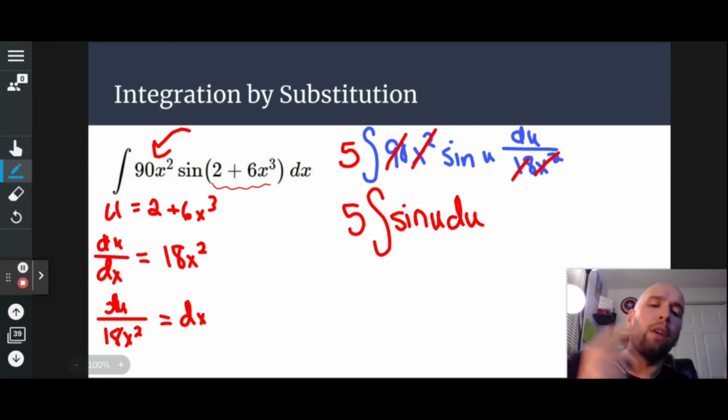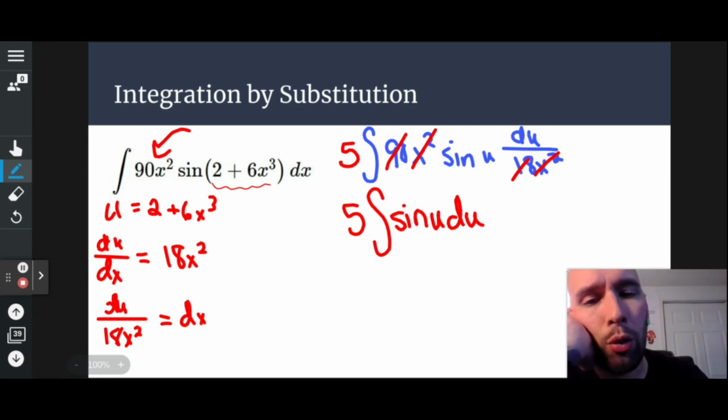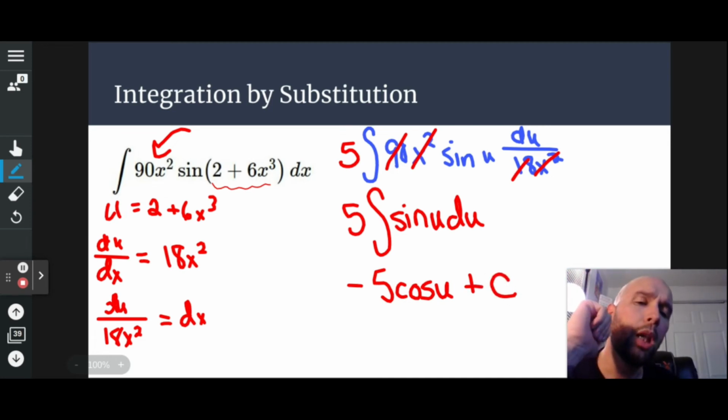So the integral of sine u is negative cos u. So I have negative 5 cos u plus c. And since I didn't have any u in the original function, I have to make sure I substitute the u that I created back into the answer.